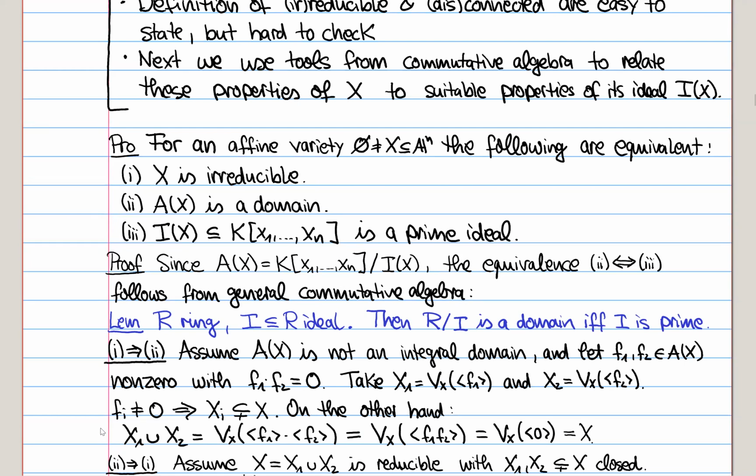Then, since these are not the zero function, I claim that X_i is a strict subset here. The reason is that not being the zero function means that there's at least one point where you're not zero. This is a point of X where f_i doesn't vanish, and so it's not in the vanishing locus. And so this is really a strict inclusion of sets.